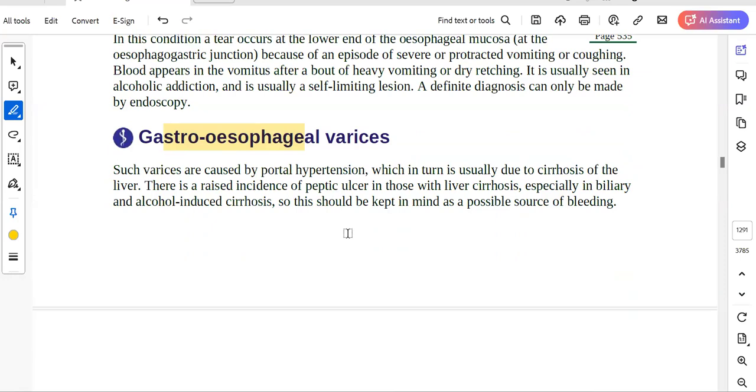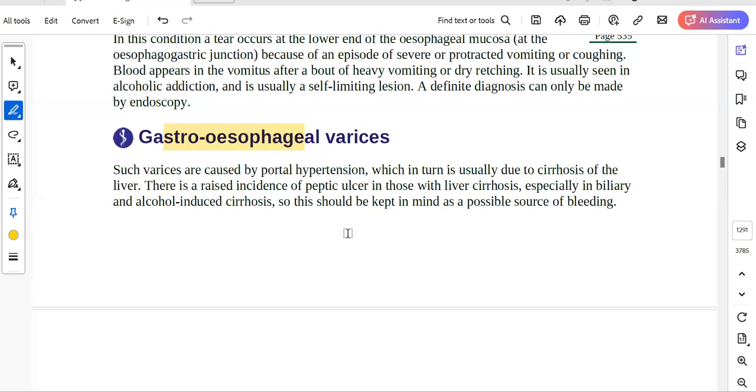So patient who has chronic liver disease, they develop portal hypertension. All of you know that because I guess you know about cirrhosis a lot. It's very common. So patient with chronic liver disease, they develop portal hypertension. And one of the complications of portal hypertension is gastroesophageal varices.